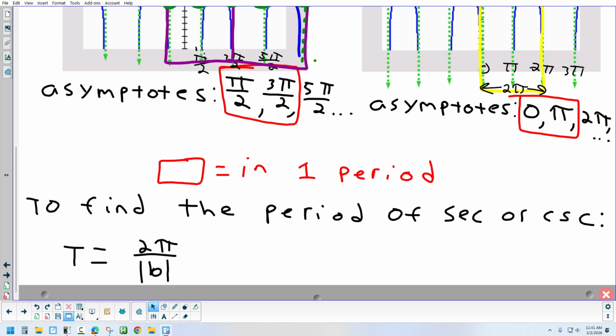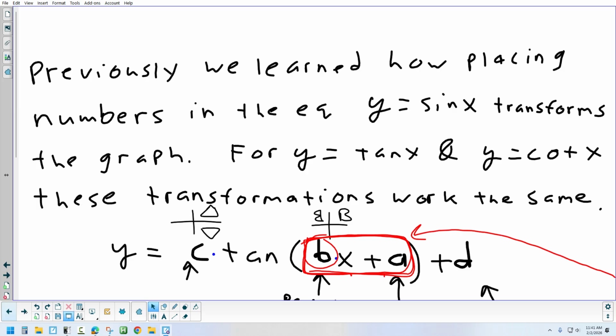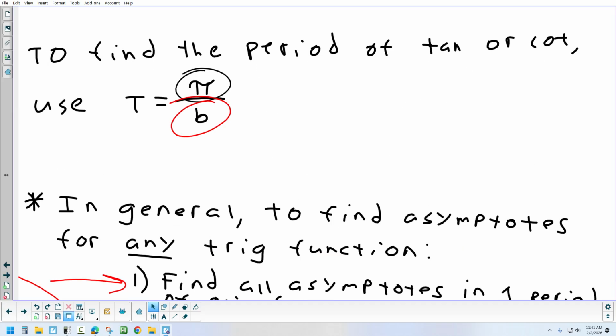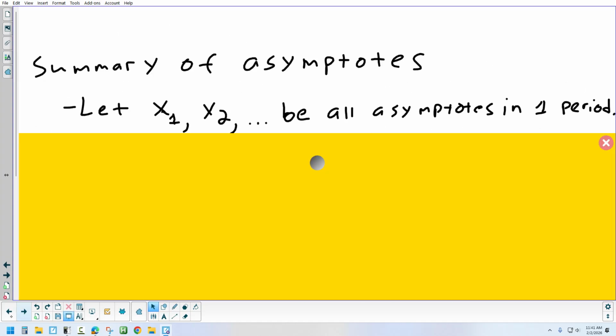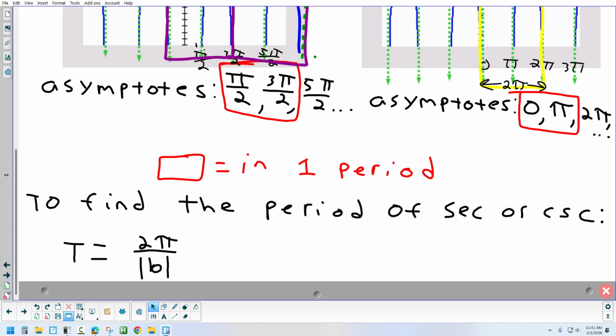Length is always a positive number. So there's 4 trig functions that you use this formula for. Sine, cosine, secant, and cosecant. There's only 2 that you use this formula for. Tangent, cotangent. Right, so now you get the formula for all 6.